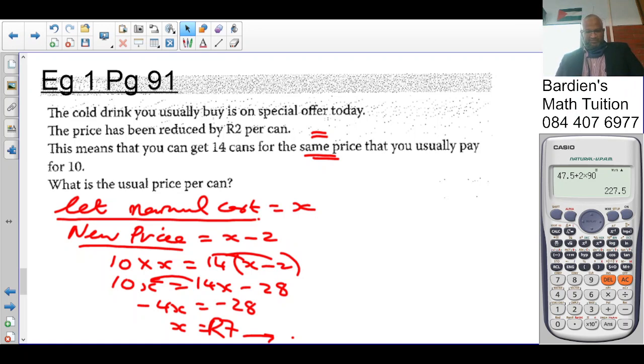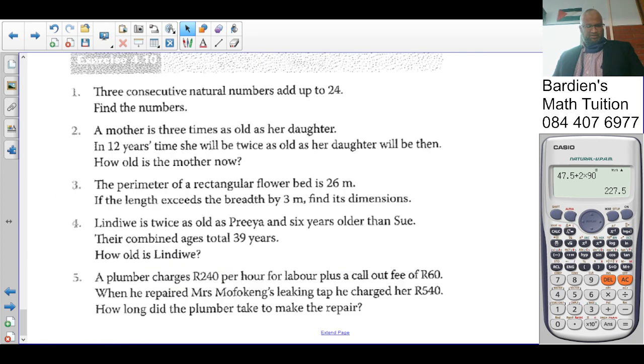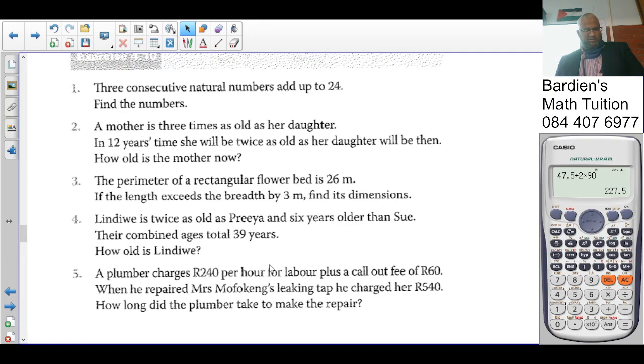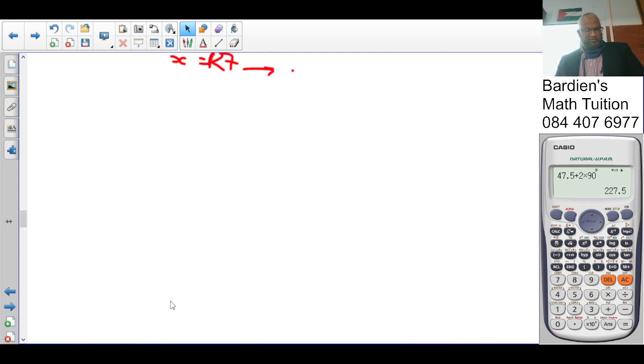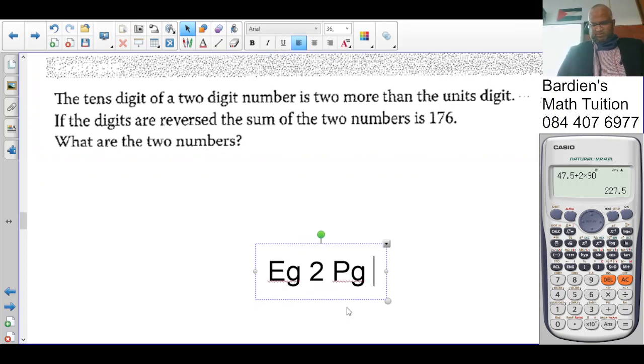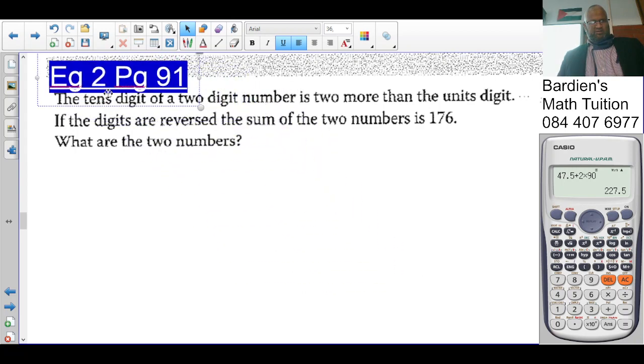Okay, let's do another one. And we have example 2 on page 91.